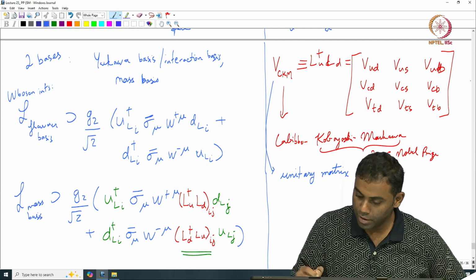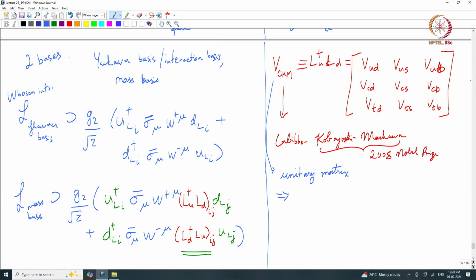Because it is unitary, how many real degrees of freedom are there? There are 9, right. It is n squared for an n by n unitary matrix. How do I know that?